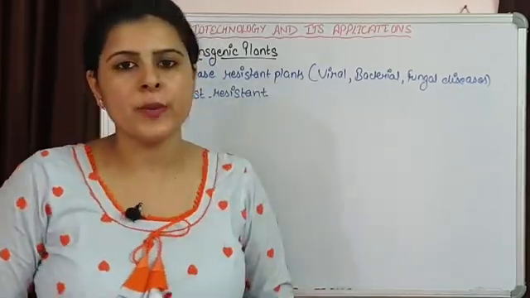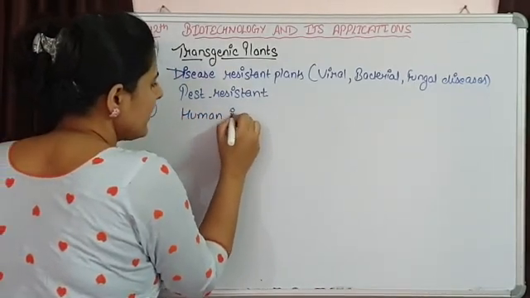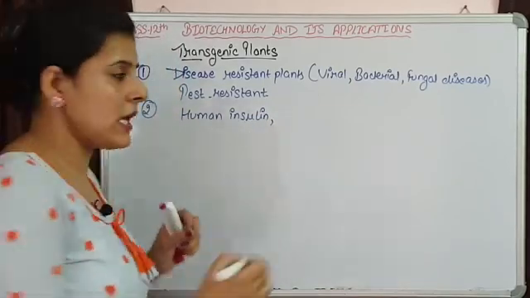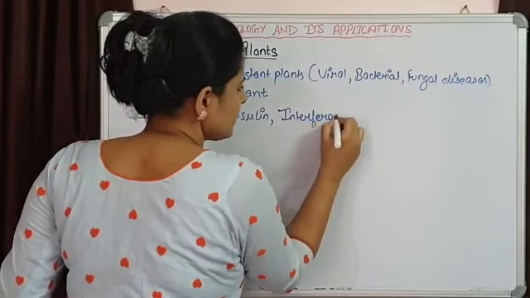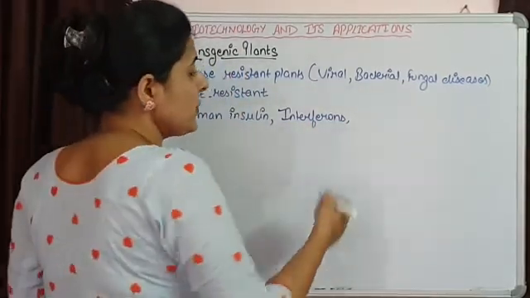Plants are used for the production of human insulin, that is used to treat diabetic patients. Interferons are being produced. Then interleukins are going to be produced.